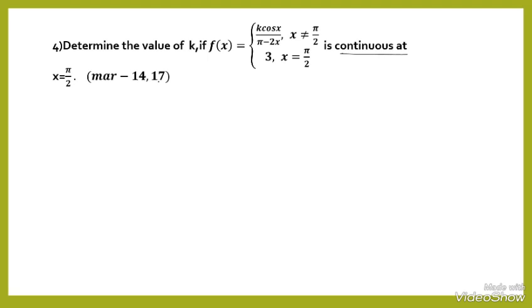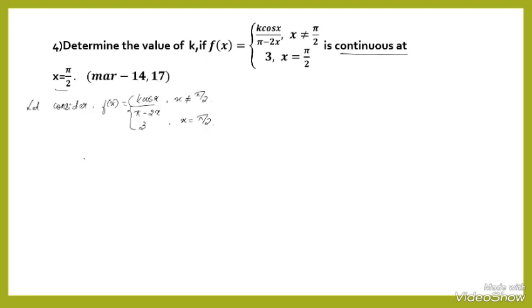Let's consider the function. Okay, let us consider the function f of x is equal to k into cos x divided by pi minus 2x at x is not equal to pi by 2 and 3 at x is equal to pi by 2.